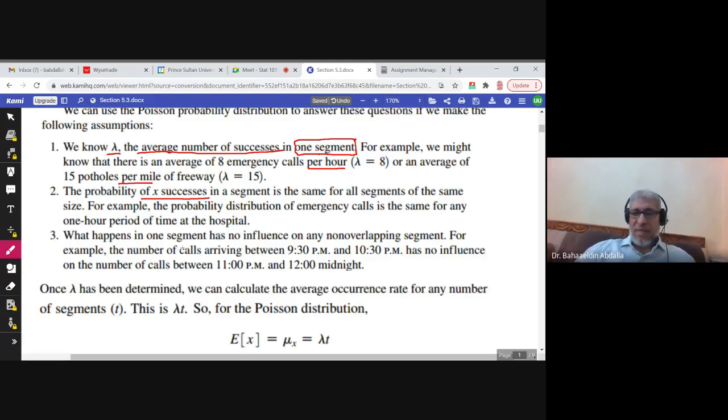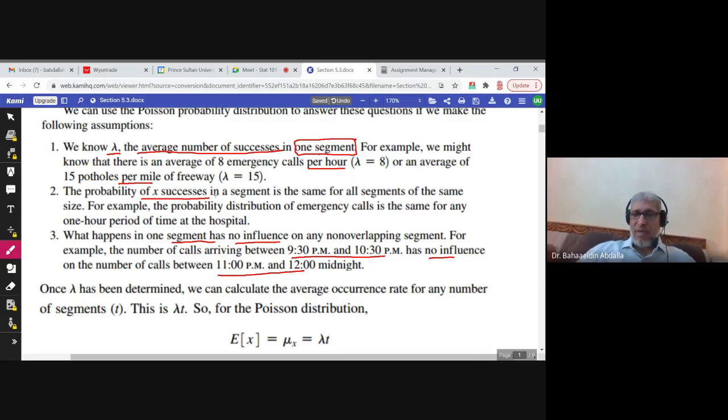And also what happens in one segment is independent from what happens in the other segment. So no influence. For example, the number of calls arriving between 9:30 to 10:30 has no influence on the number of calls between 11 and 12 midnight.